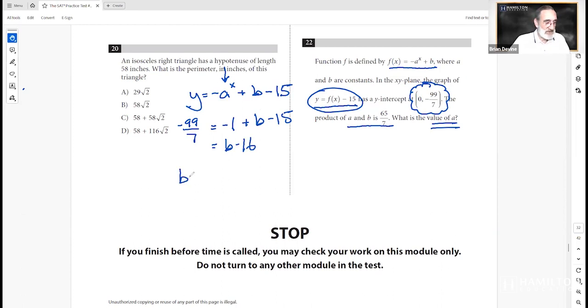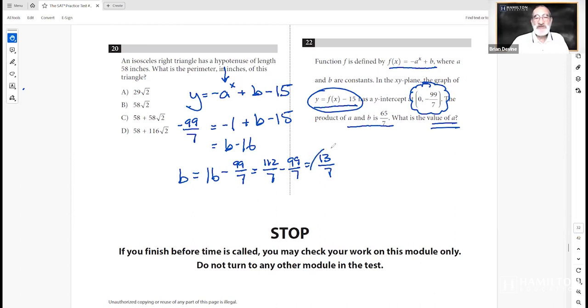Well, then b must equal, add 16 to both sides, 16 minus 99 over 7. And that's going to be the same as 112 over 7 minus 99 over 7, which is 13 over 7.